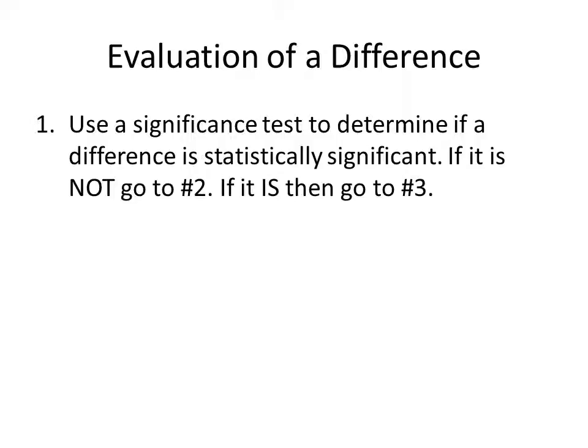Let's consider an experiment in which there is an experimental group and a control group, both drawn at random, and the difference between the mean of the experimental group and the mean of the control group is being tested with a t-test. So we use the significance test, the t-test, to determine if the difference is statistically significant. If it is not, then we go to step 2. If it is, then we go to step 3.